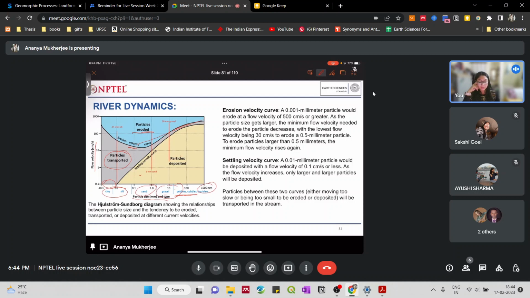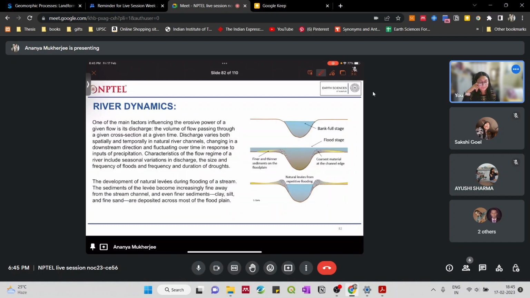So any particle that is in between the two curves will either be moving too slow, or will be too small to be eroded or deposited. So it is mostly getting transported in the stream only, all the particles that fall between the two curves, in the flow regime between the two curves.